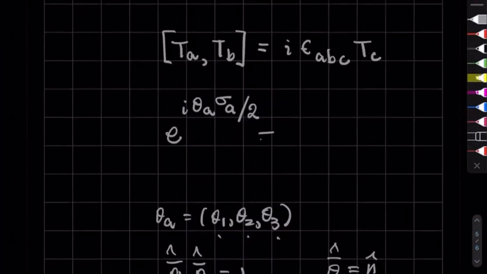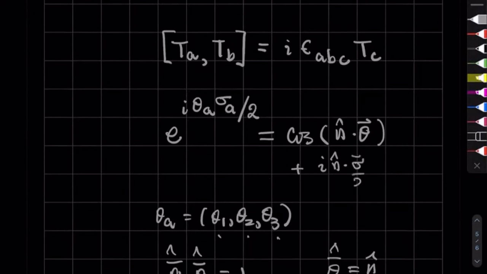The point is that you can write this in a very beautiful notation, where this is cosine of n dot theta, plus I think n dot sigma.